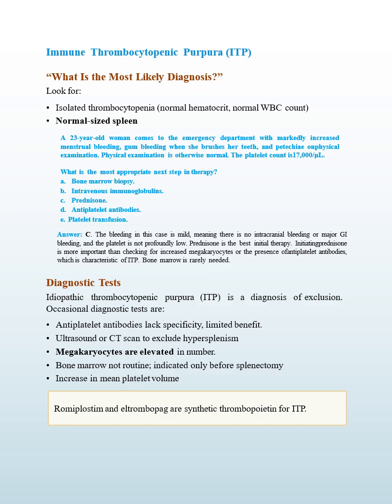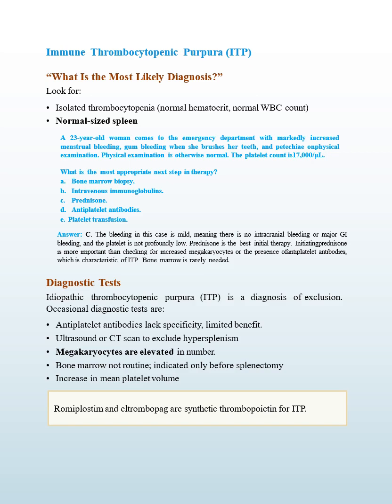The right answer here is C. The bleeding in this case is mild, meaning that there is no intracranial bleed or major GI bleed, and the platelets are not profoundly low. Prednisone is the best initial therapy.